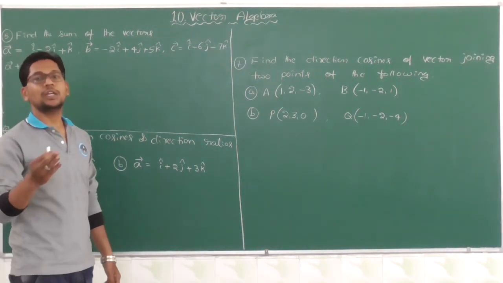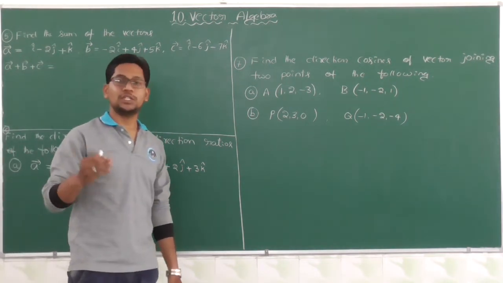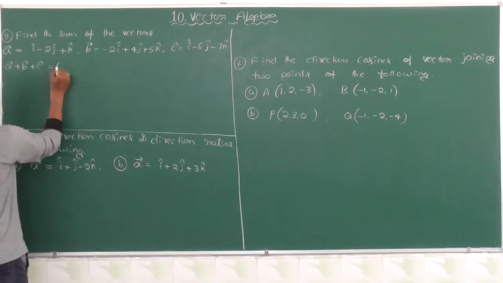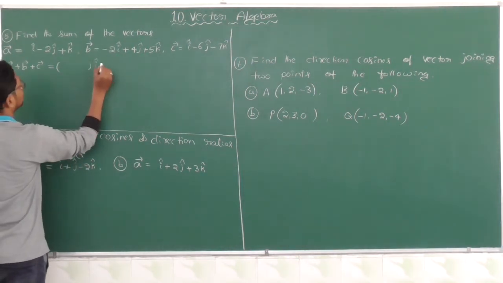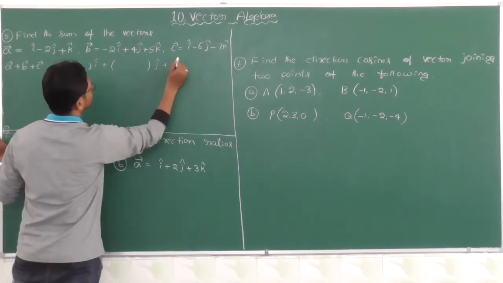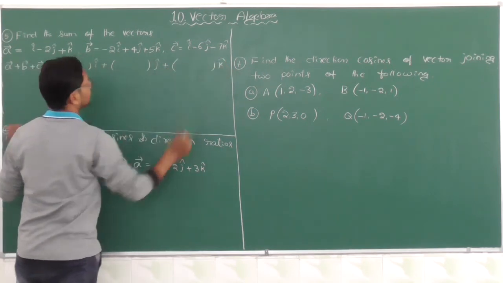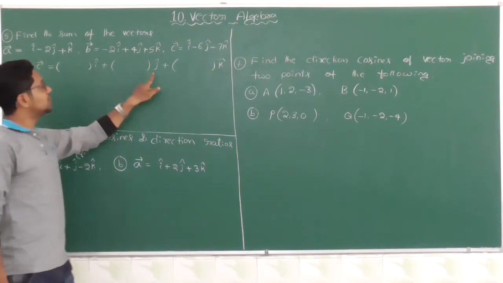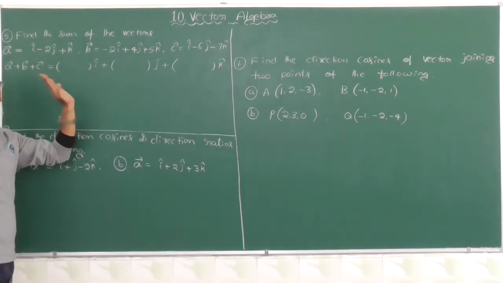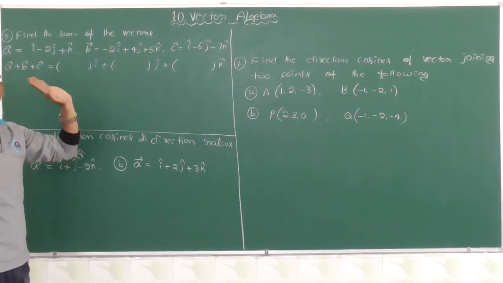We just add the i components, j components and k components. First i cap, next j cap, k cap.